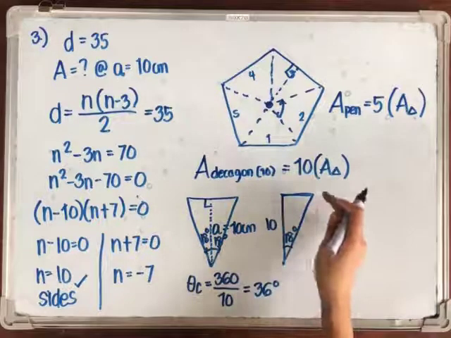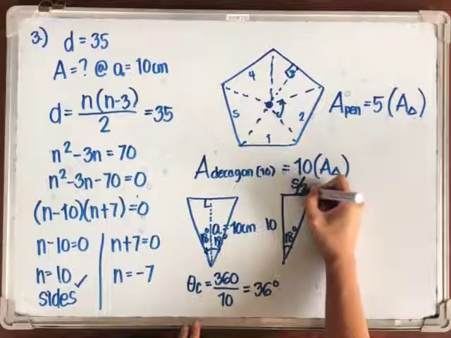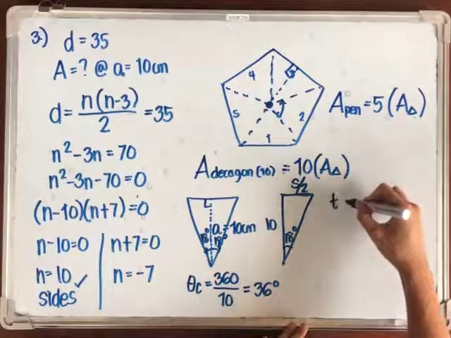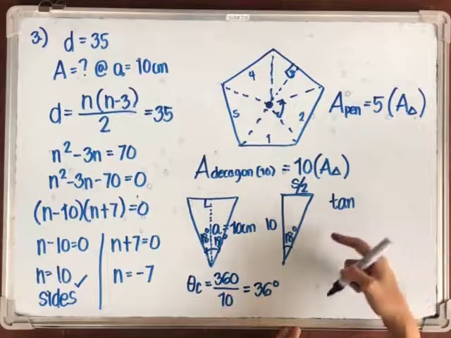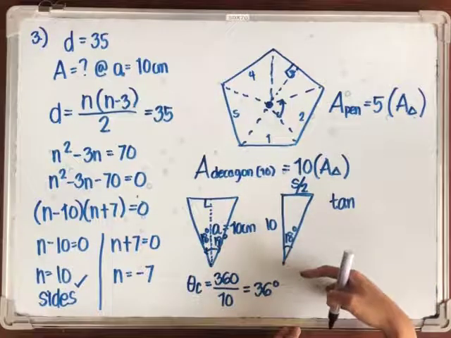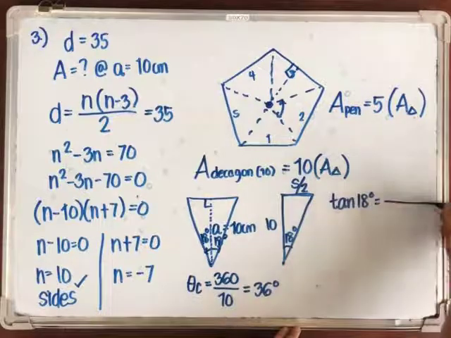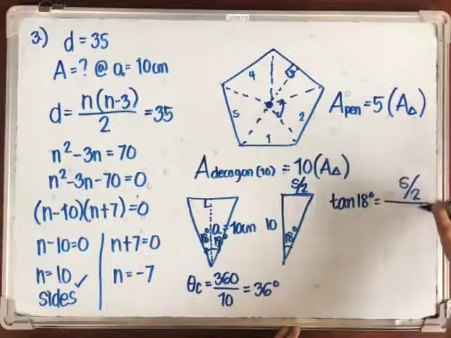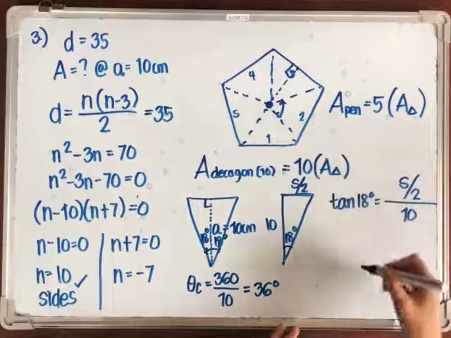Okay, ito yun. So let's just say this is variable s over 2. By basic trigonometry, what do we have? We have the tangent of 18 degrees is equal to tangent, that's opposite, s over 2 divided by the adjacent, which is 10.